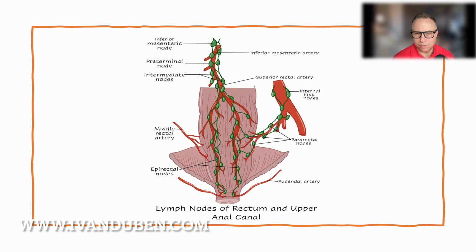This image shows the pervasiveness of the lymph nodes supporting the rectum and anal canal. Almost all the arteries have accompanying nodes, which could lead to lymphostasis if arterial pressure changes, such as in the case of hemorrhoids.